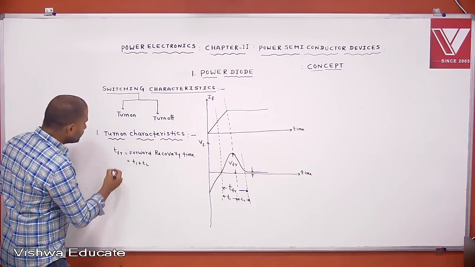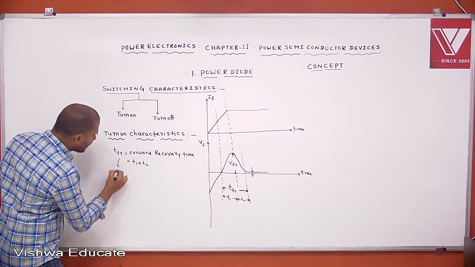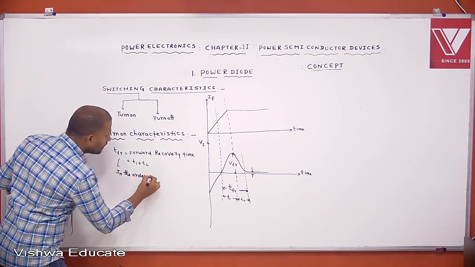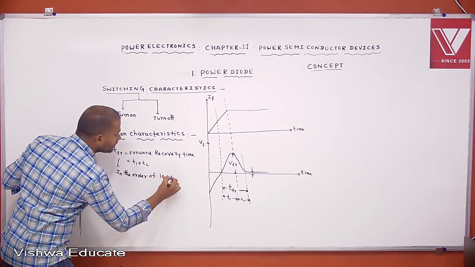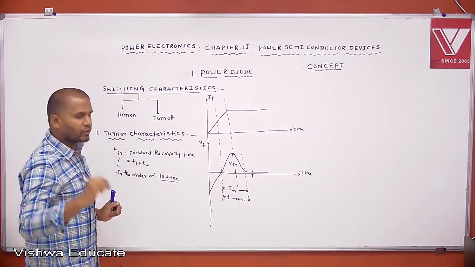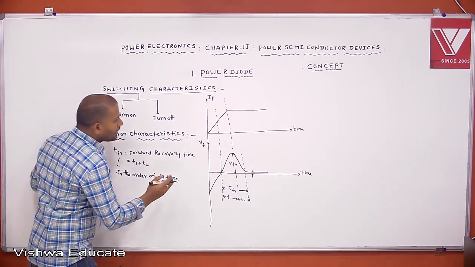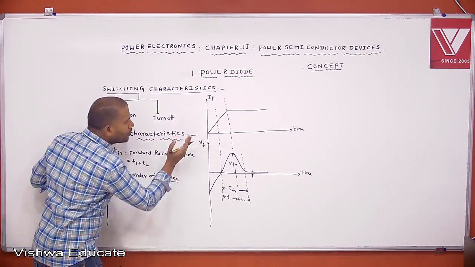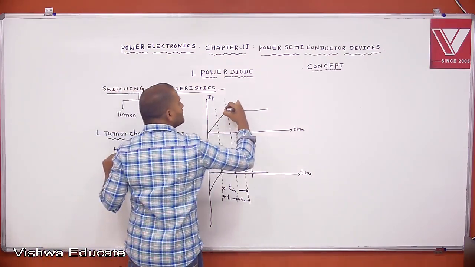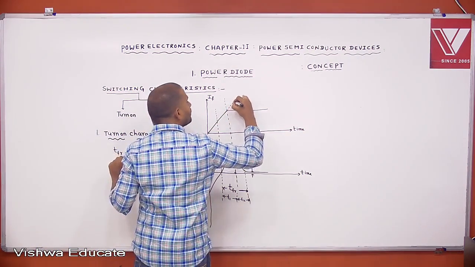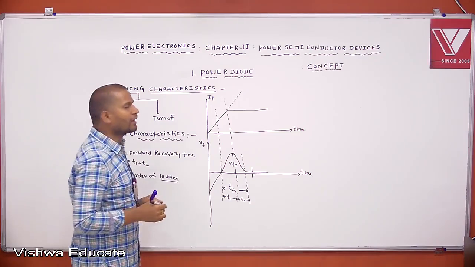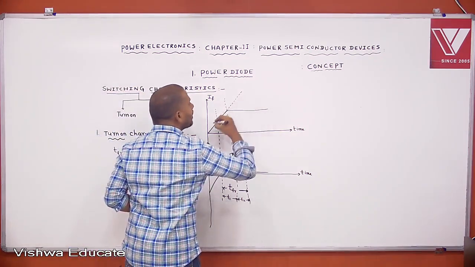In a power diode, this time is in the order of 10 microseconds. Turn on is nothing but the current through the diode rising to rated current. This is IFR, the forward recovery current.